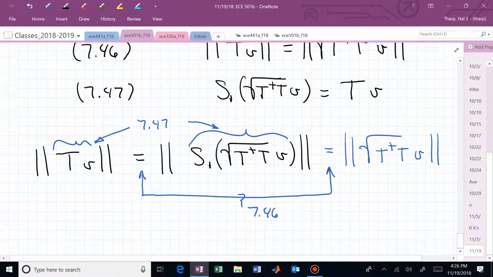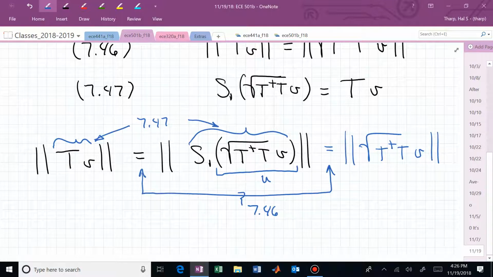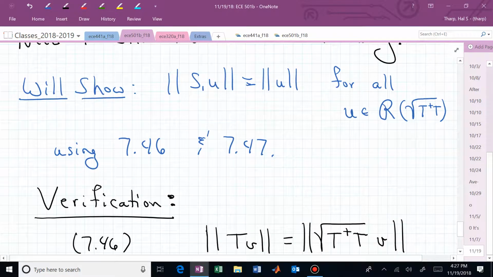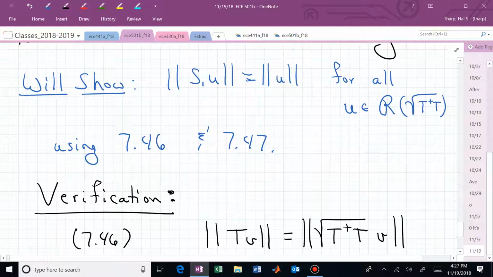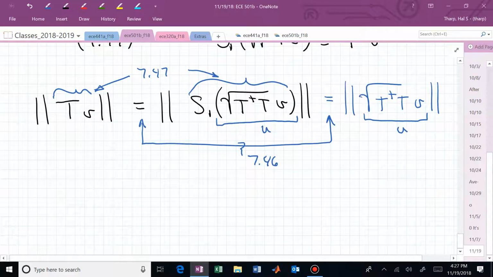And what do the right two terms say? Well, now just view this as a u. That lives in the range space of this positive operator, square root of T dagger T, and that's what this is. So now we've just shown what we wanted to show, that the norm of S1u is equal to the norm of u by simply using those two equations, 46 and 47.